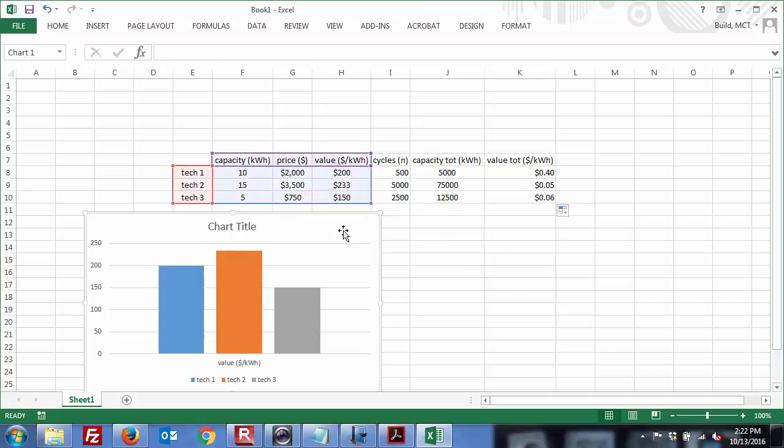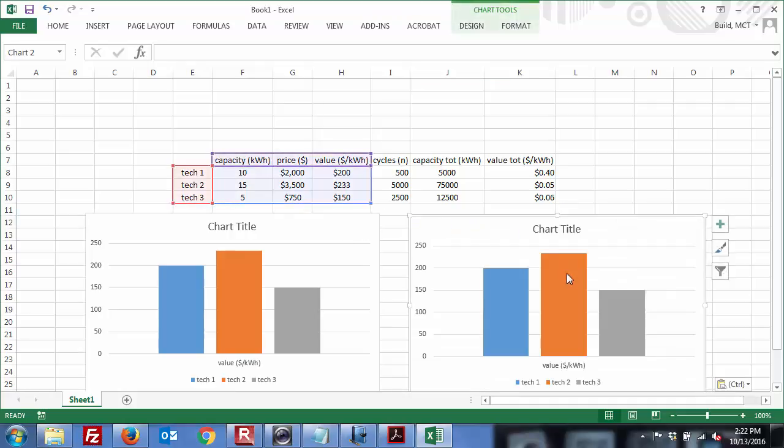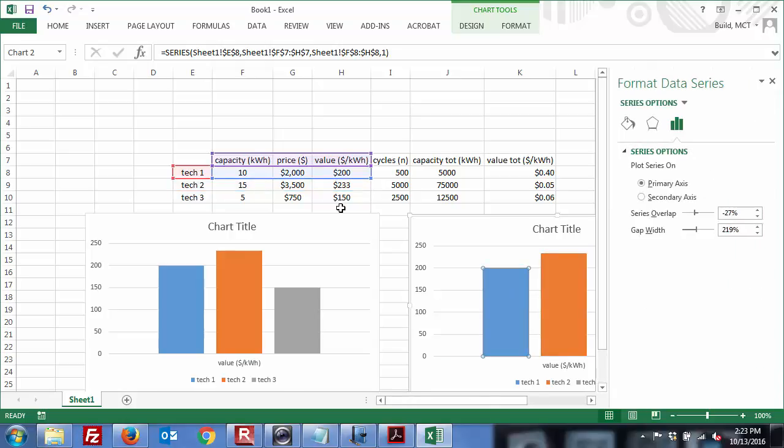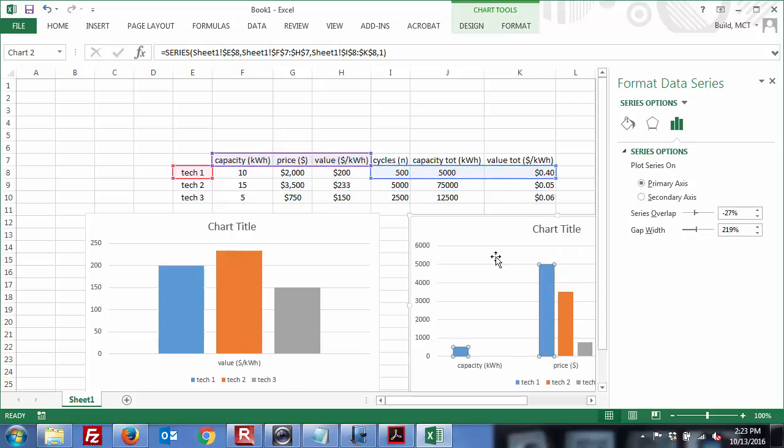Then we can take this chart, copy it, paste it, and let's see. Let's take this and drag it over here, and see how this works out. Take this one, drag it over here.